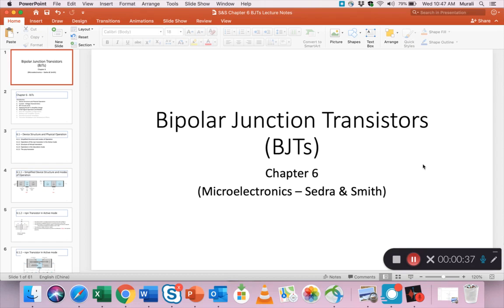semiconductor device, electronic device. And although in the textbook Sedra and Smith, after we completed chapters 3 and 4, which were semiconductors and then diodes, chapter 5 talks about a certain type of device, the MOSFET transistor, and then chapter 6 talks about BJTs.